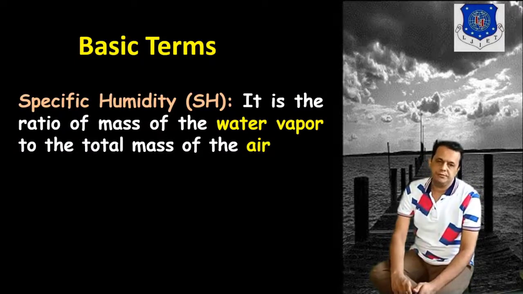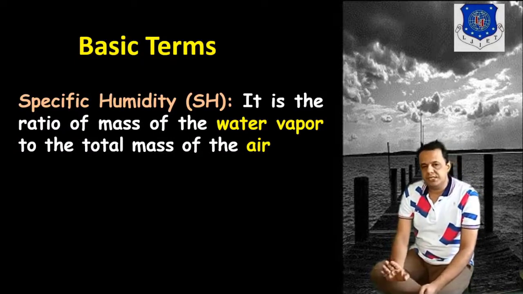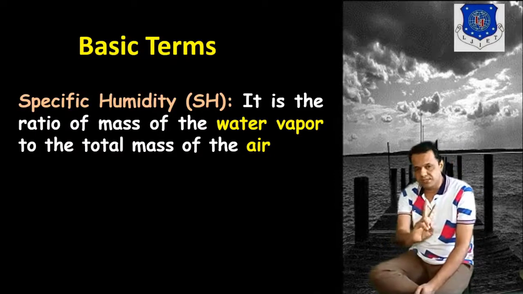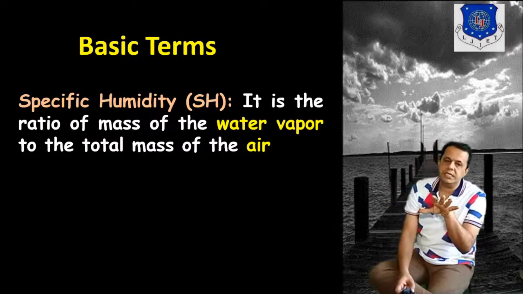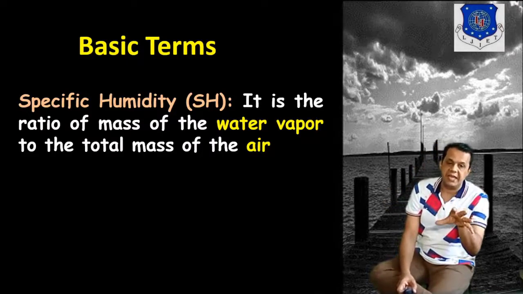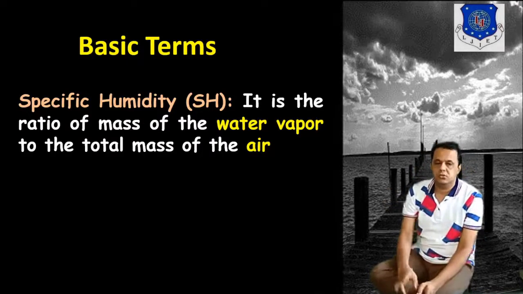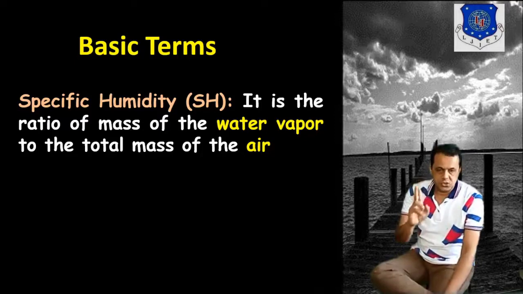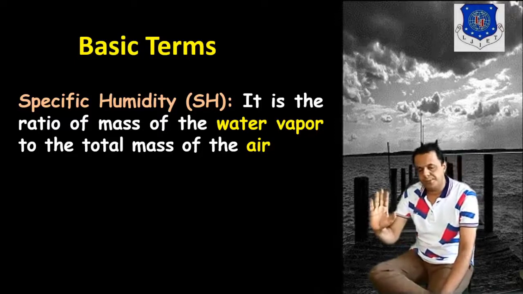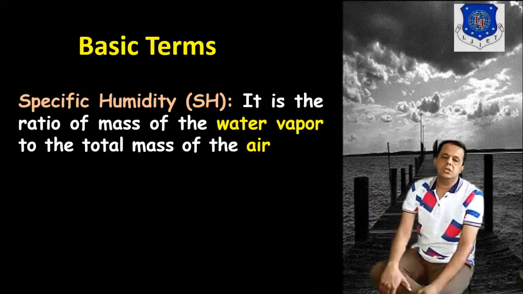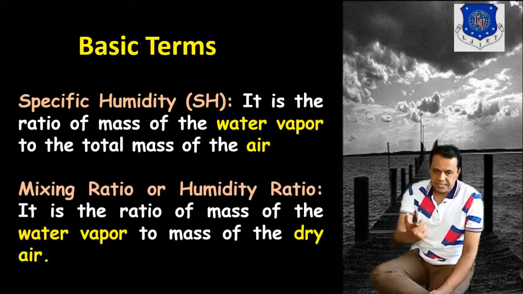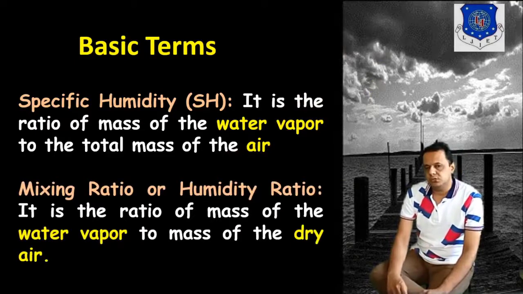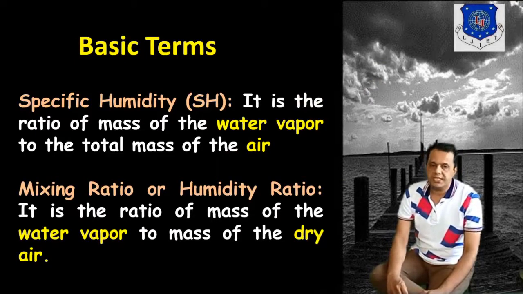Specific humidity. It is again a ratio, but a ratio of two masses: the mass of water vapor and the total mass of the air under consideration. So keep in mind, it is the ratio of the mass of water vapor to the mass of air. Next is mixing ratio, or you say humidity ratio.